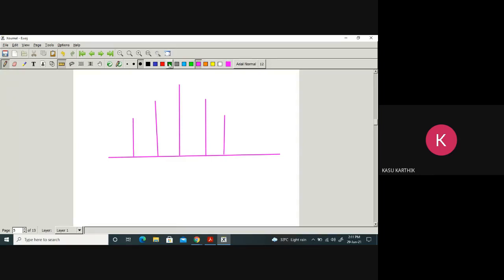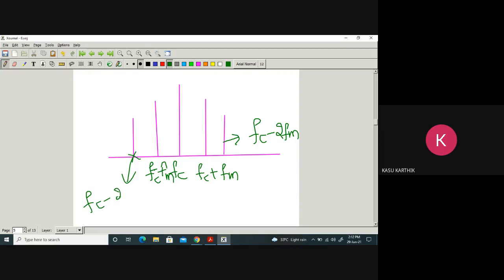This is Fc. This is Fc plus Fm. It is Fc minus Fm. This is Fc minus 2Fm. It is also Fc plus 2Fm.